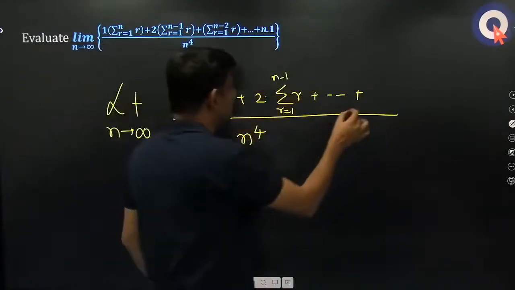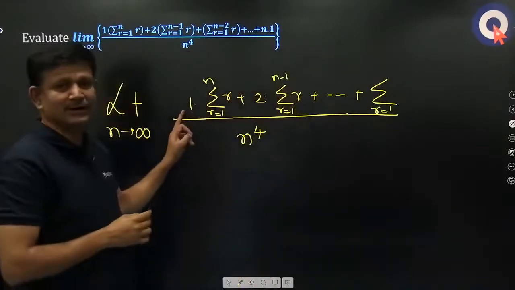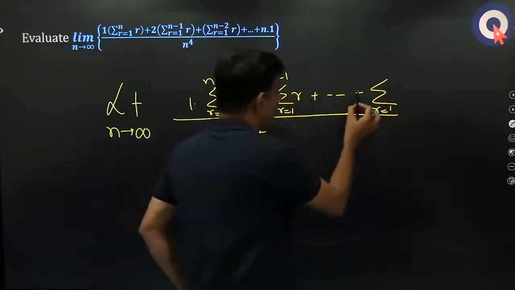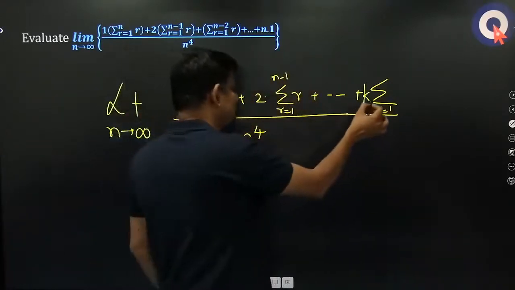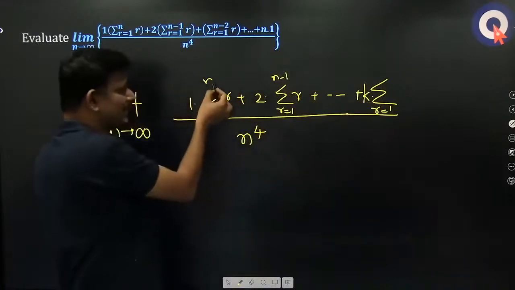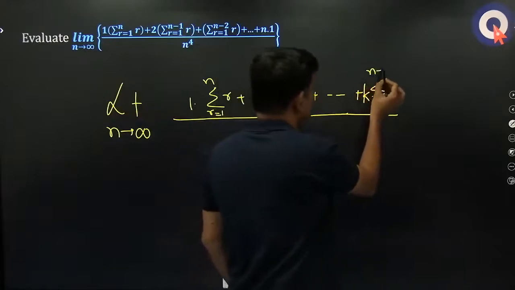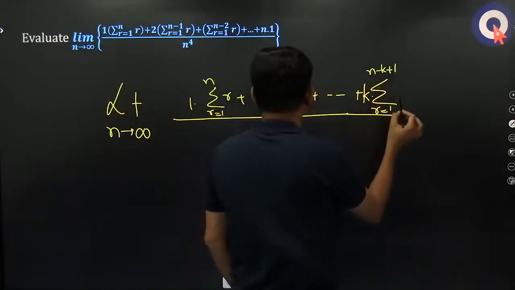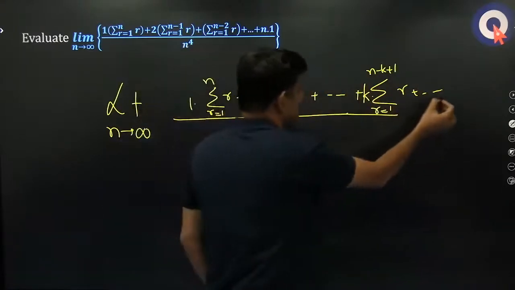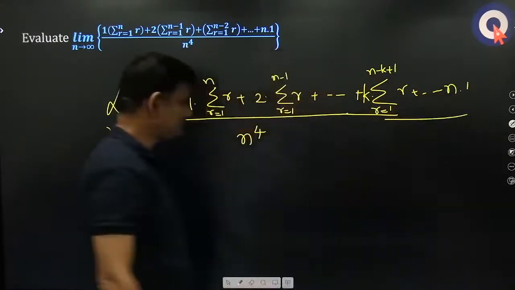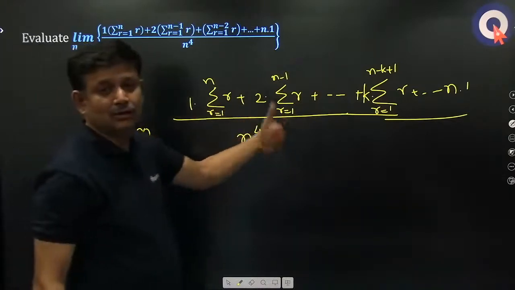Okay. General term will be sigma r is equal to 1 to, first term में 1 into है, second term में 2 into, so kth term will have k into, if it is 1 here, n minus 0, 2 here, n minus 1, 3 here, n minus 2, so n minus k plus 1 r, this is your general term. Then last में कितना बचा हुआ है? n into 1. Okay, so I can include a sigma here.